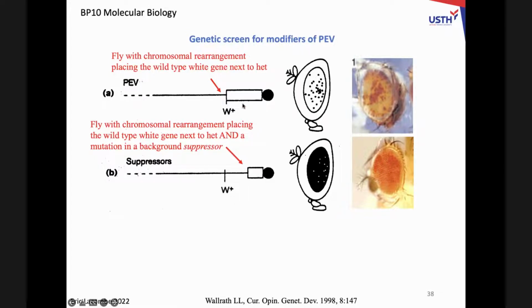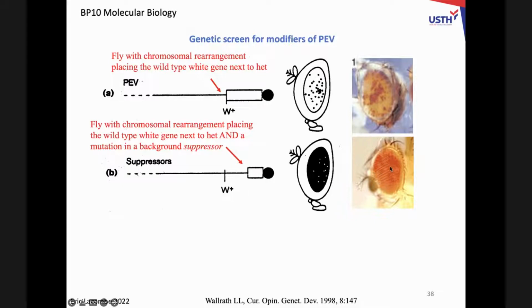So between this fly, with very weak expression, and the new, mutated one, you didn't change the position of the gene, but it is more expressed. So this increased expression was due to the modification of the heterochromatin landscape.